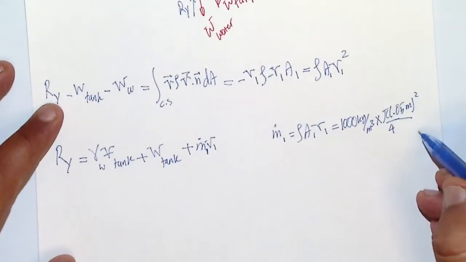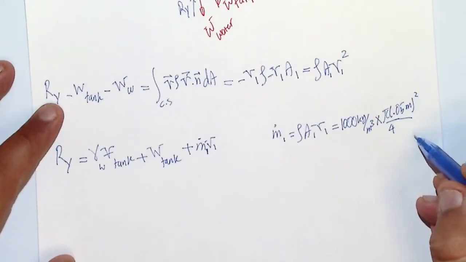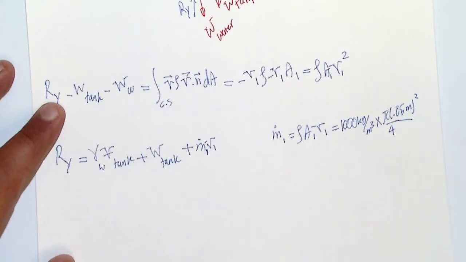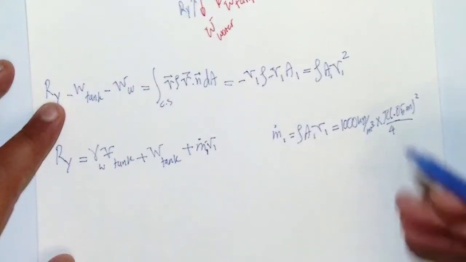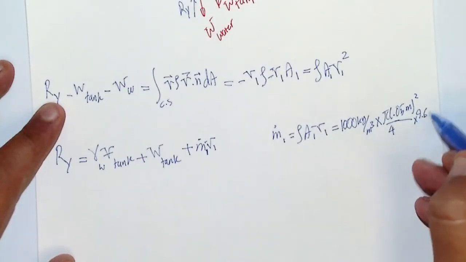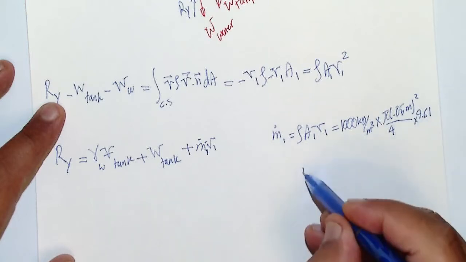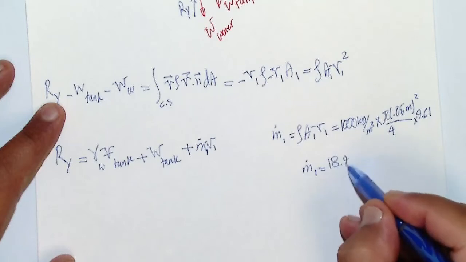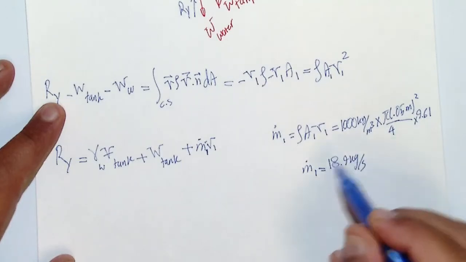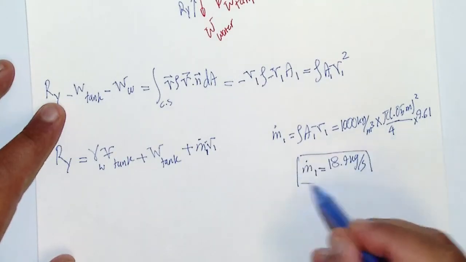And V1 you find from the part before, V1 is 9.61, right, times 9.61, and m dot 1 is going to be 18.9 kilogram per second. That's your m dot 1.